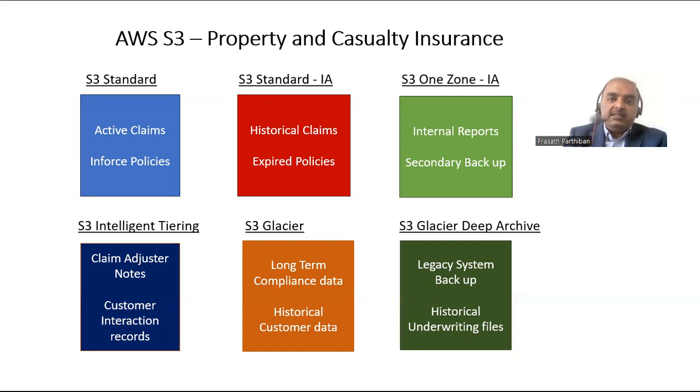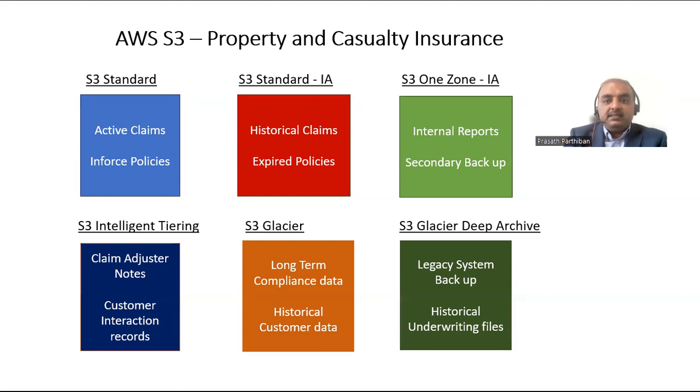So if you take PNC insurance, historical claims, once the claims are closed, sometimes you may need the claims for audit purposes, etc. Similarly, expired policies, for example, workers' compensation. If you want to do a final audit on expired policies, you need to access those. Even though you do it less frequently, you need it quickly when you do. So in those cases, you can use this S3 standard IA, which is otherwise called infrequent access.